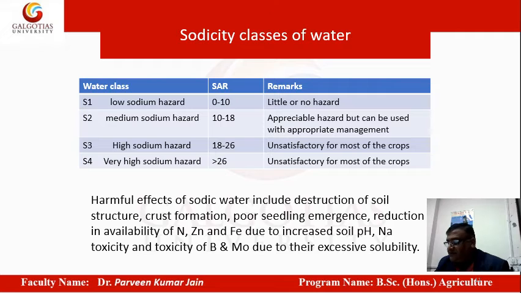The harmful effects of sodic water include destruction of soil structure, crust formation, poor seedling emergence, reduction in availability of nitrogen, zinc, and iron due to increased soil pH, sodium toxicity, and toxicity of boron and molybdenum due to their excessive solubility.